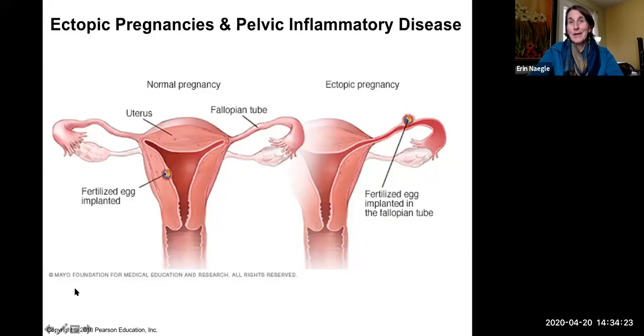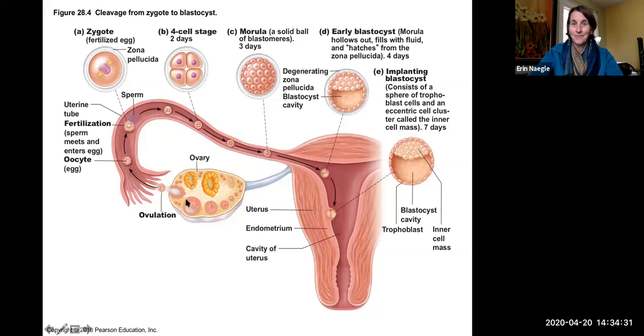So, ectopic pregnancies and pelvic inflammatory disease. What do those two things have in common? This.